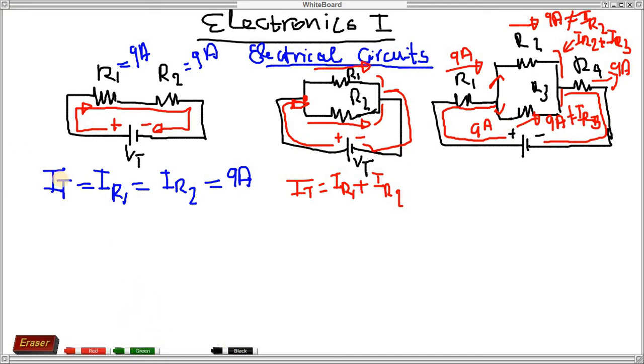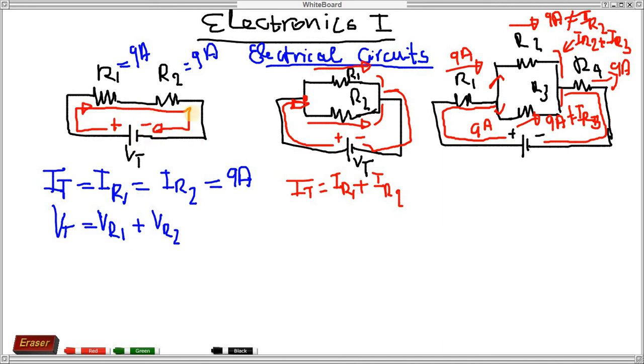In the series circuit, we say again that the total voltage is the sum of the voltage across resistor R1 plus resistor R2. Why? The question is, why? Because the voltage doesn't flow from the positive of the source to the negative like a current.